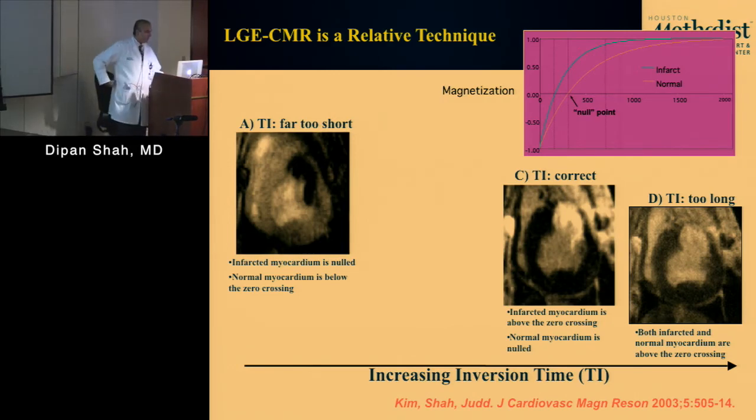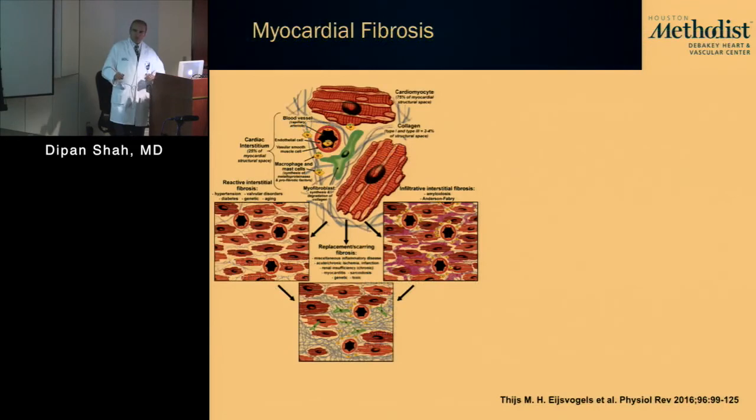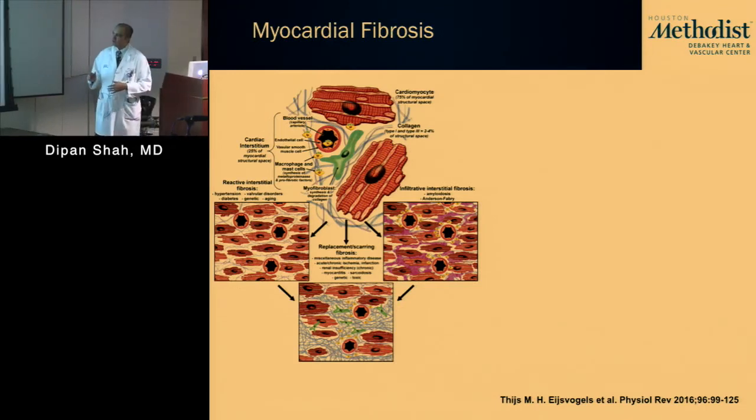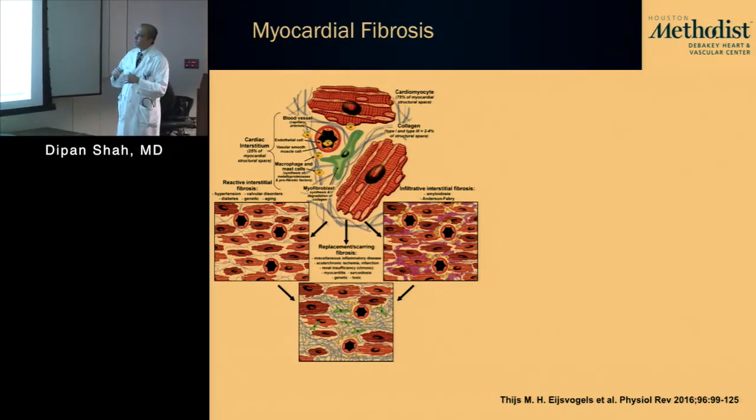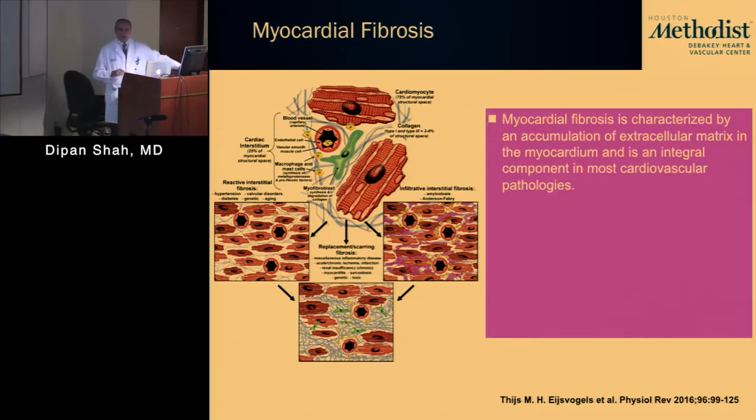So I think what you're getting to is that this allows the ability to look for regional variation. But what we know is that fibrosis doesn't only occur as regional or replacement fibrosis, but you can also get interstitial fibrosis, which is much more widely diffused, and may be much more uniform throughout the myocardium. And the question is, for that, is there a CMR technique to be able to identify that?